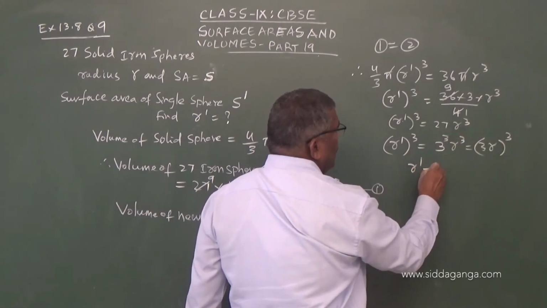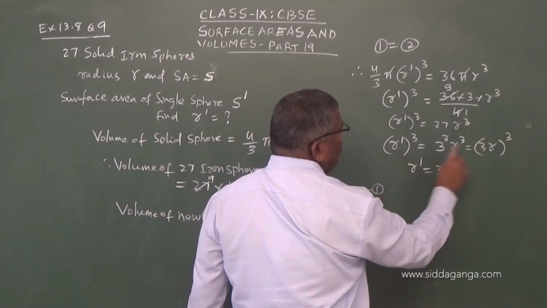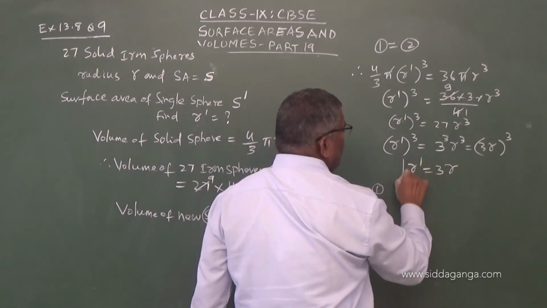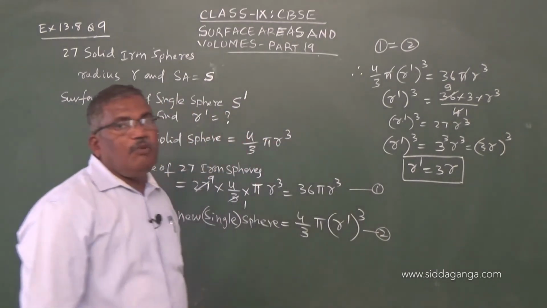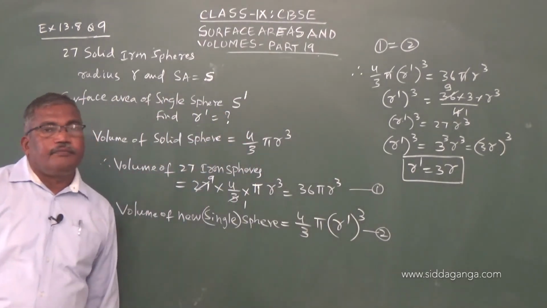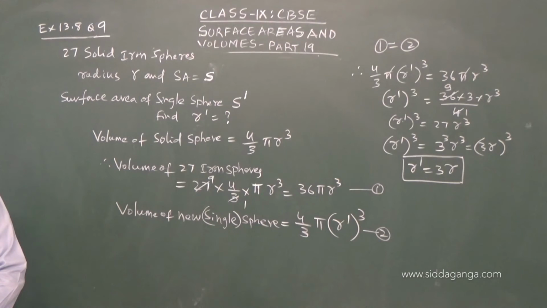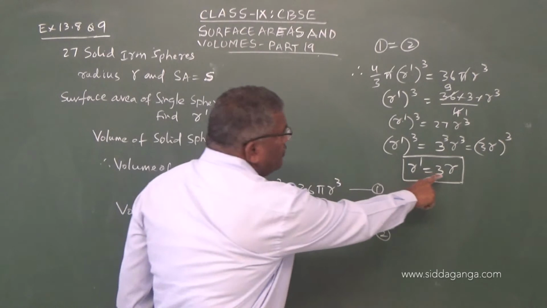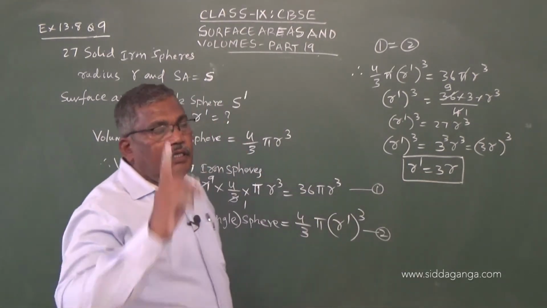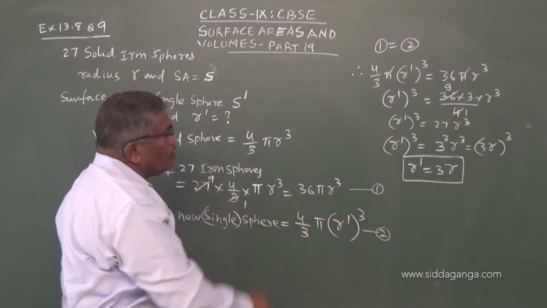Therefore, r dash is equal to 3r. This is a very important relation. So therefore, radius of the new sphere will be 3 times the radius of those older small balls, 27 balls.